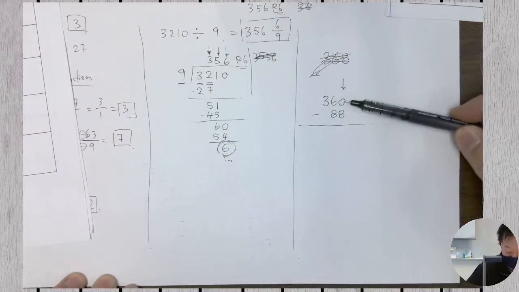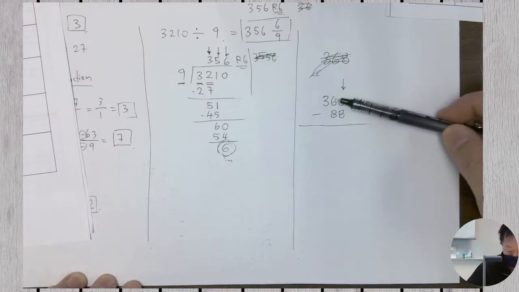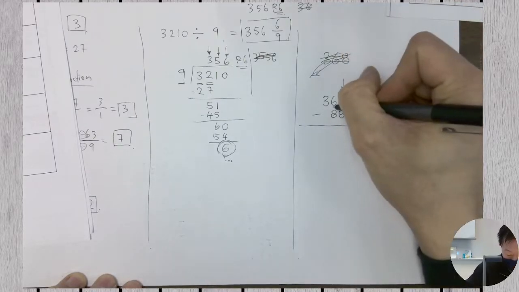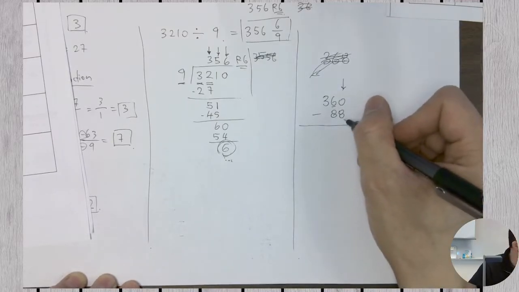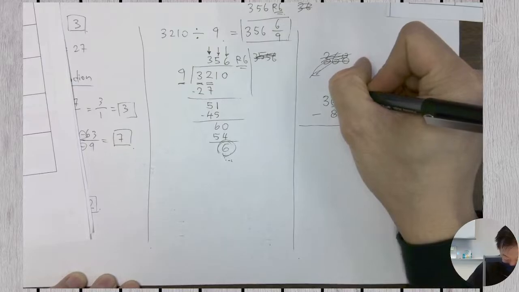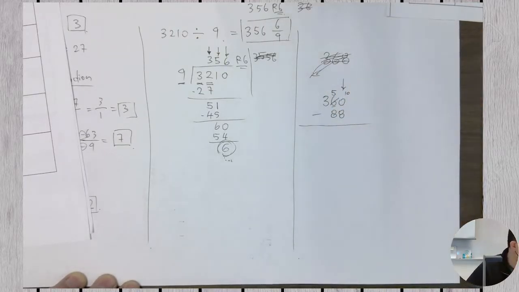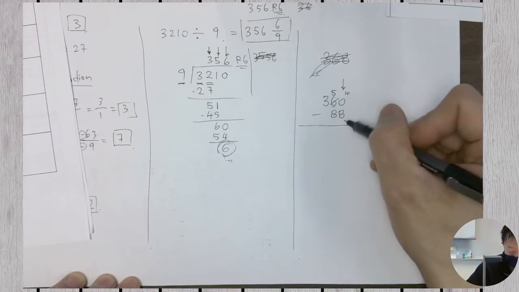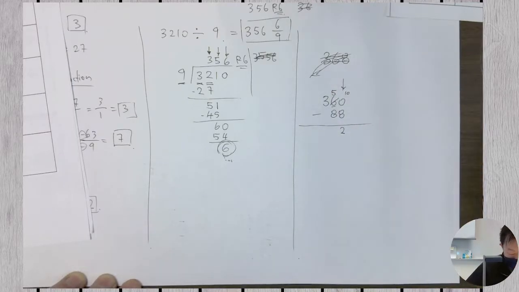So I have 0 $1, but I have to pay for the $8. I don't have enough $1 to pay, but I could take one of these $10. I have 6 $10. I'm going to take one of those $10 over to pay for this $8, right? So now I have 5 of the $10 and 10 $1. I can take $10, pay for the $8, and I have 2 of the $1 left.